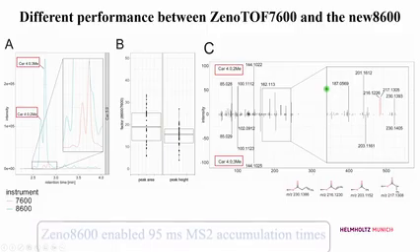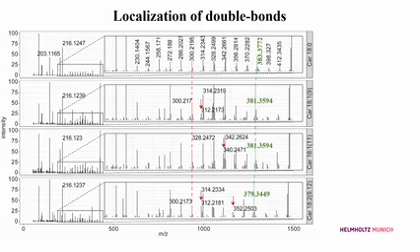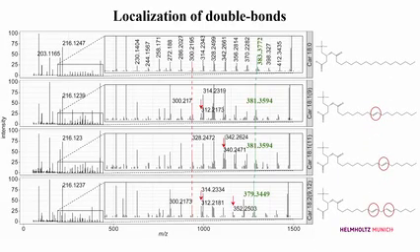And yes, also in this case, Zeno 8600 gave very interesting results, because we obtained similar results using only 95 milliseconds of accumulation time instead of 1 second. We also wanted to perform a little structural elucidation of some of the long-chain acyl carnitines which were identified.